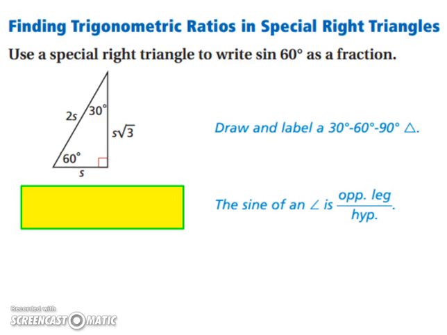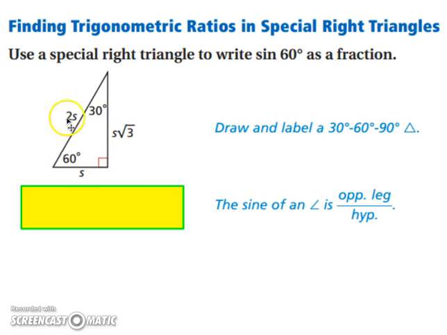In a previous chapter, we learned about special right triangles. You can use special right triangles in trigonometry to help you out. So, we're going to try a 30, 60, 90 triangle together. We want to find out what the sine of 60 degrees is. Well, opposite 60 is s square root of 3.